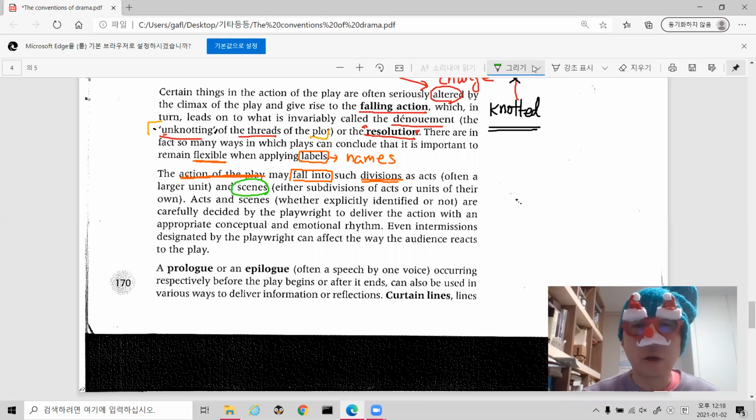So a play consists of different acts and different scenes, and act is a bigger unit, okay? Act is larger than the scene, and scene is a subdivision. It means that a scene belongs to an act, okay?